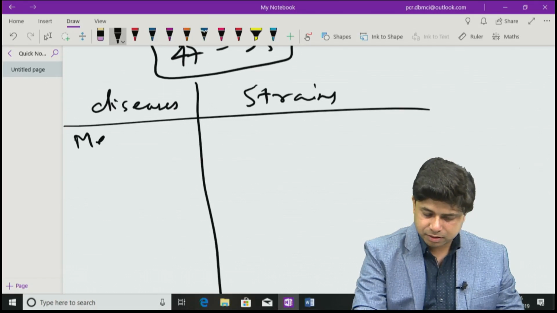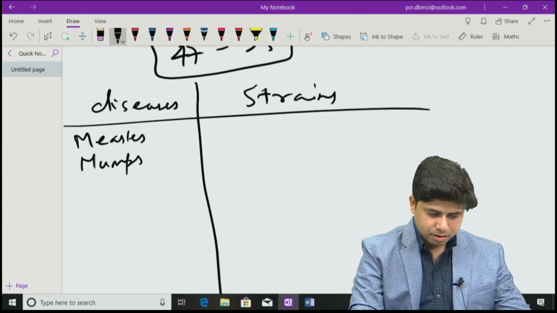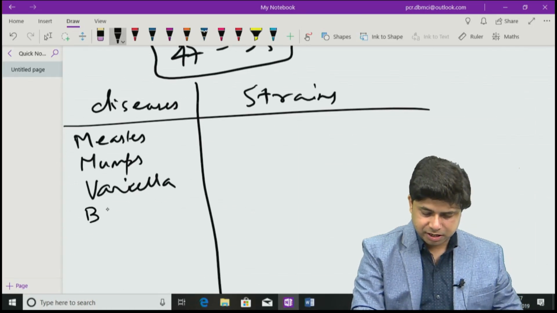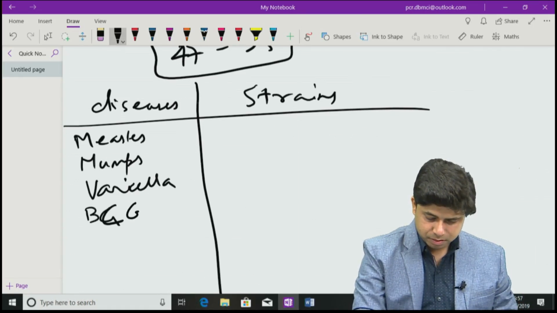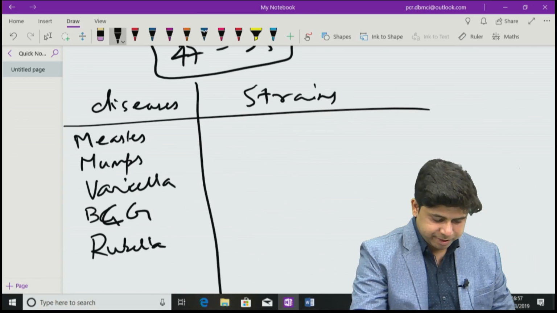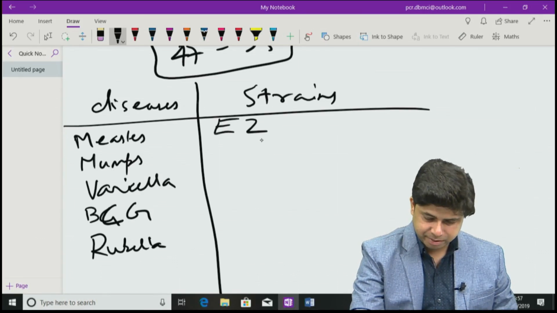Measles, mumps, varicella, BCG, rubella. In case of measles it is EZ, Edmonston-Zagreb.